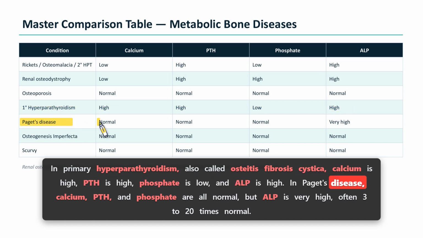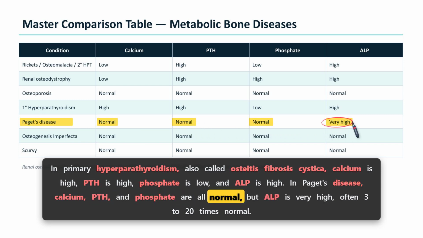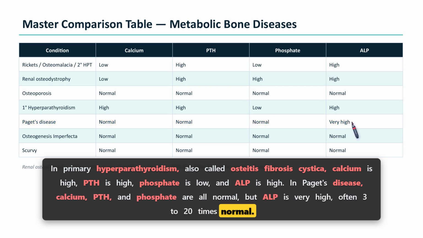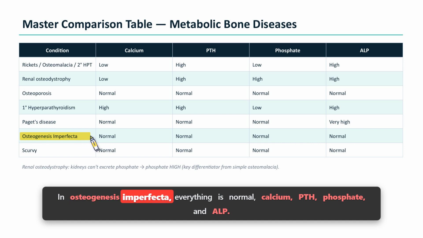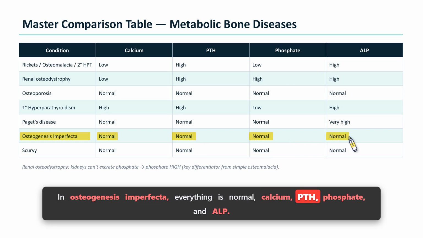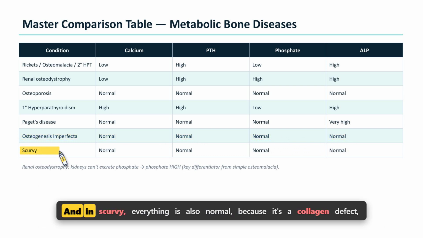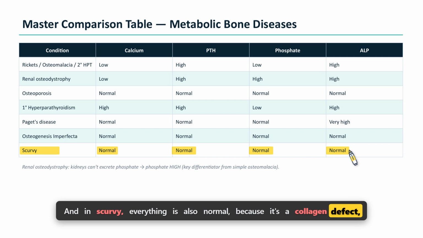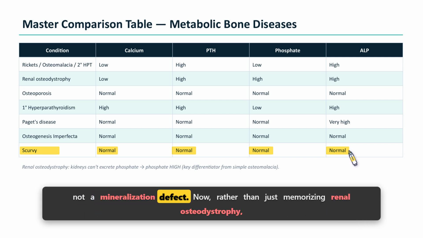In Paget's disease, calcium, PTH, and phosphate are all normal, but ALP is very high, often 3 to 20 times normal. In osteogenesis imperfecta, everything is normal: calcium, PTH, phosphate, and ALP. And in scurvy, everything is also normal because it's a collagen defect, not a mineralization defect.